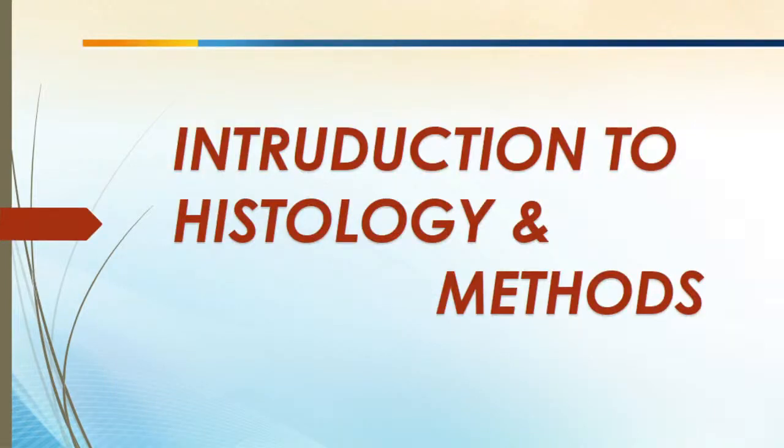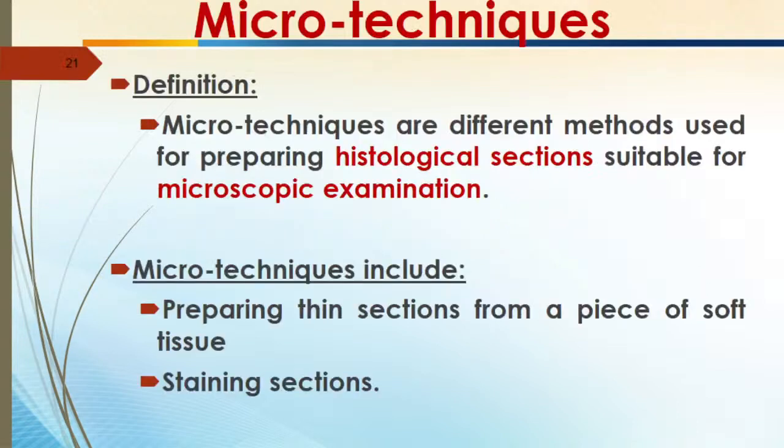And now we are going to talk about introduction to histology and methods, starting from a definition. Microtechniques are different methods used for preparing histological sections suitable for microscopic examination.